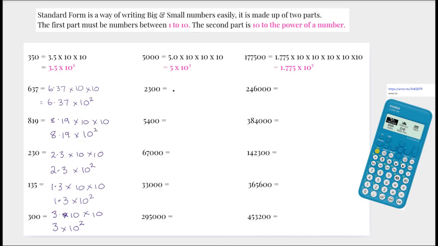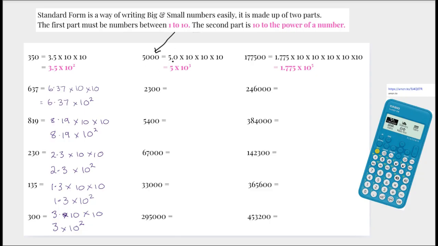Let's change that. So the next one up, we have 5,000. Woo, frightening, but it's not, is it? Not really. It's just another decimal place we've got to move. So I've done an example. 5,000 equals 5.0, because obviously we can't put the point there because that's 50, and the rule states 1 to 10.